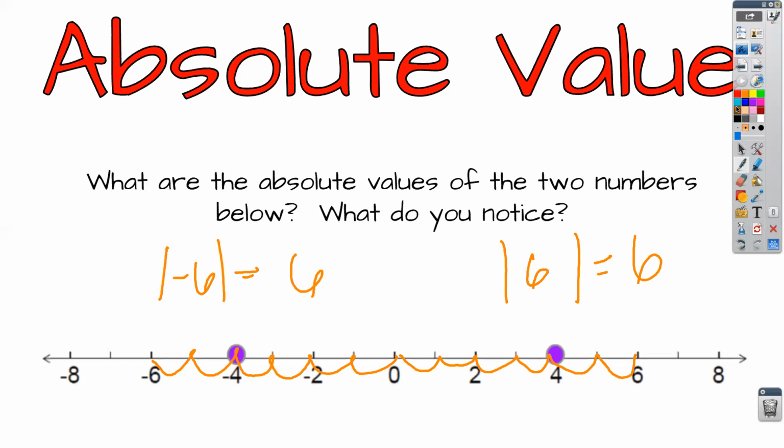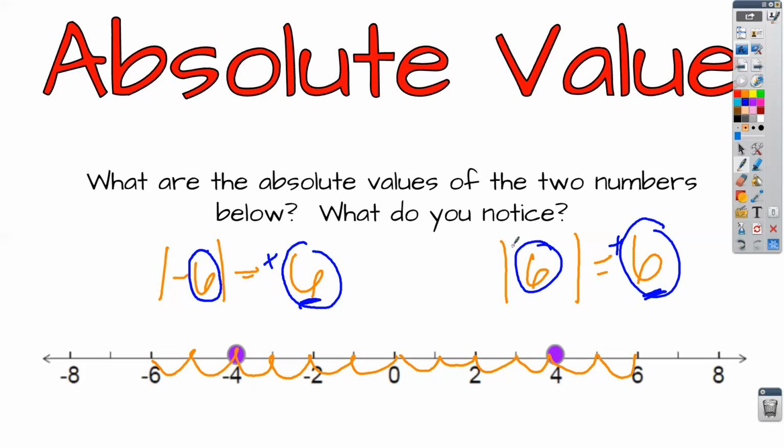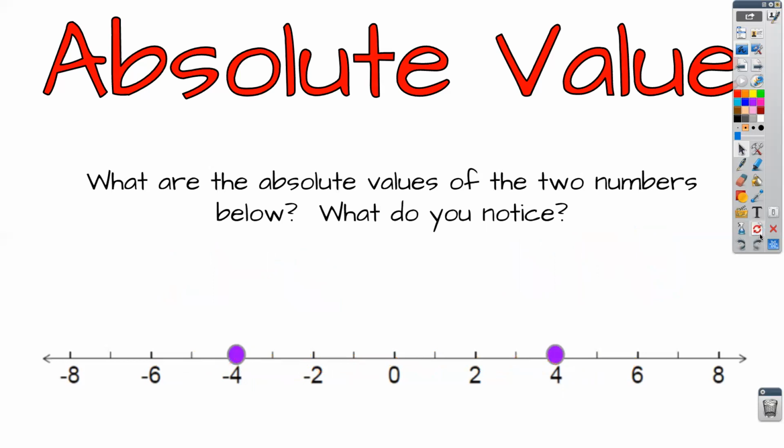So another thing I notice is not only are my answers the same, not only are both answers positive, but the answer itself is the same as the question on both of them. So just remember, absolute value is the distance from 0.